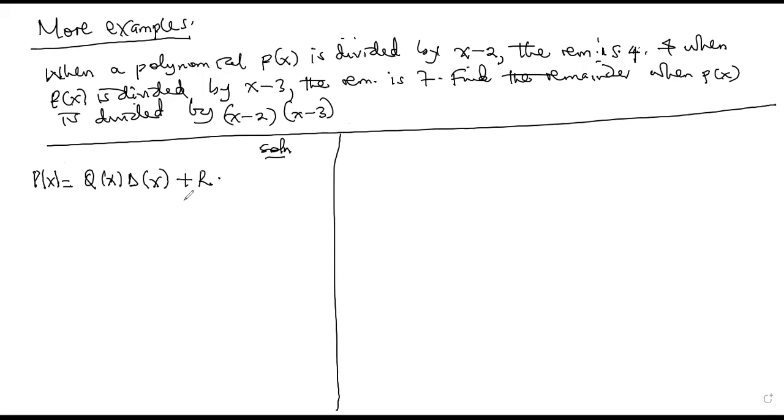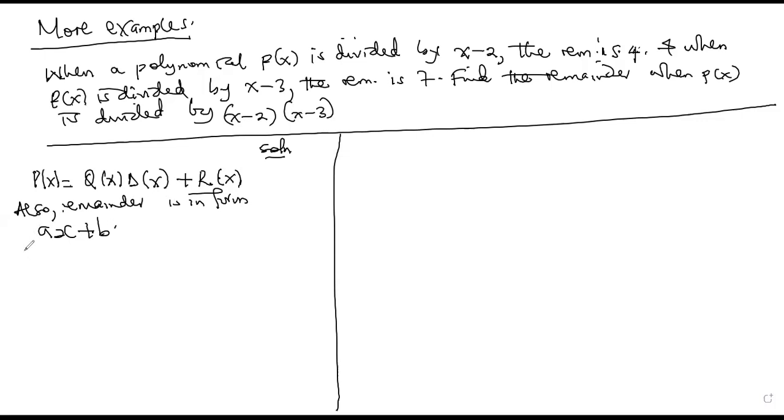But in this case, when the divisor is quadratic, because when you expand this it goes to a quadratic expression, the remainder also is in X. That is the difference. Another thing you should know is that the moment they give you a quadratic divisor, the remainder is in the form AX plus B.